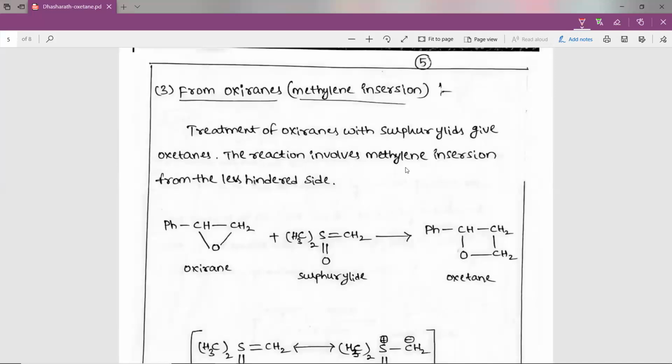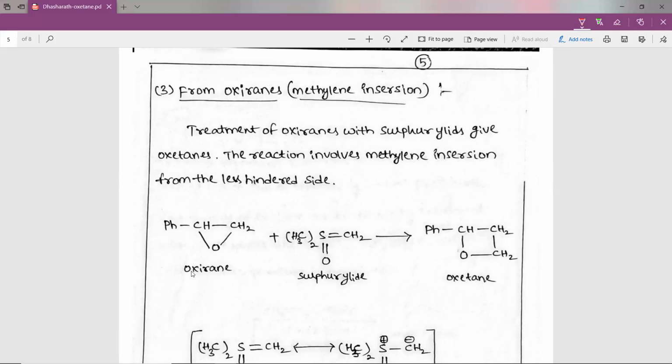The reaction involves methylene insertion from the less hindered side. If the carbon is substituted, it is considered hindered. If it is not substituted, it is considered unhindered. So CH2 insertion takes place between the unsubstituted or least substituted, least hindered carbon and oxygen.